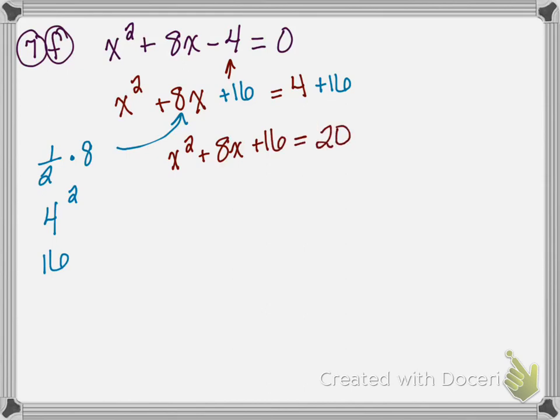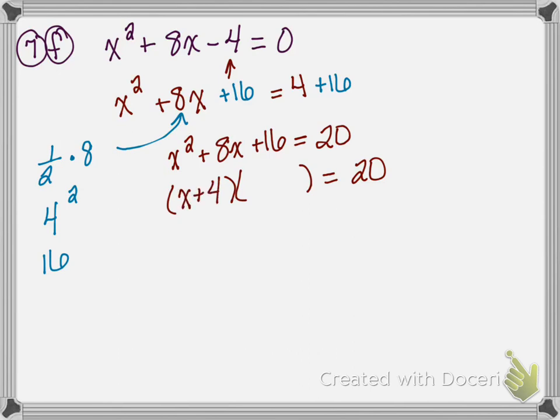Now, my next step is to factor x squared plus 8x plus 16. This is a perfect square trinomial, and we designed it that way. We wanted it to be a perfect square trinomial. Two numbers multiplied together that give me 16 and added together that give me 8 are 4 and 4.